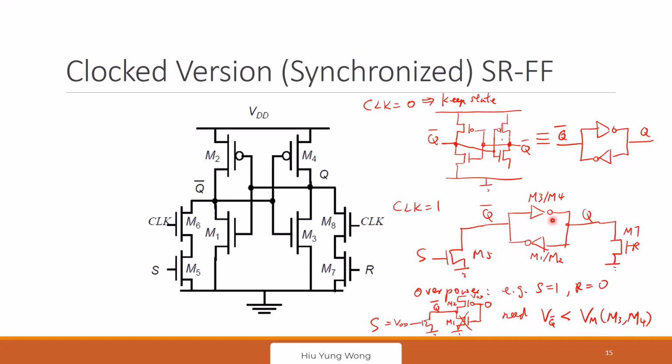Remember the Vm is when input equals output. So when it's less than Vm, then I will switch the output to another state. Then another feedback will bring the circuit to the state that I want. So that is how we override by overpower. So you can see that for this one, sizing is important.